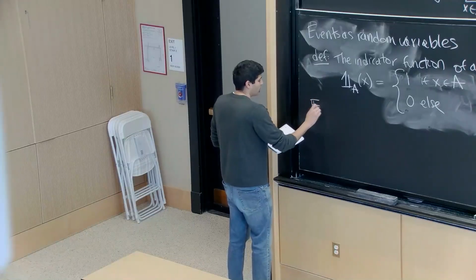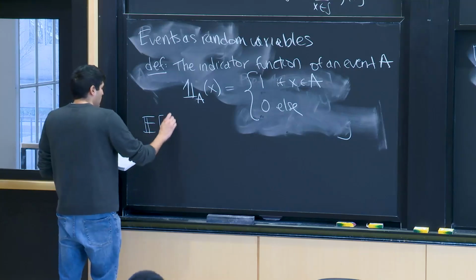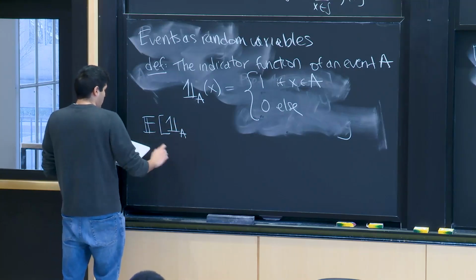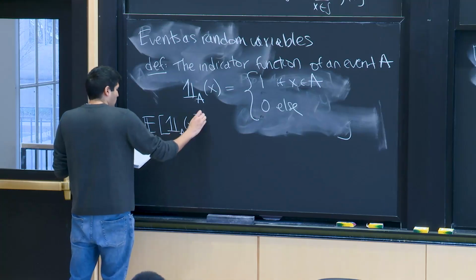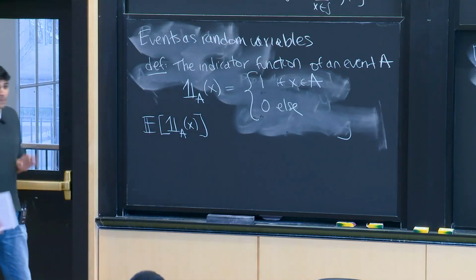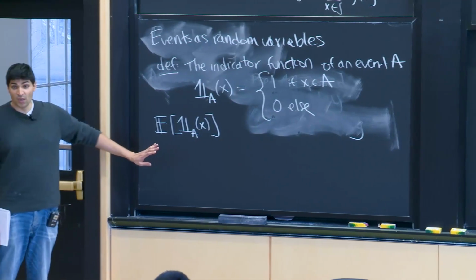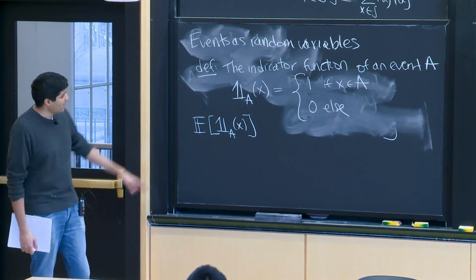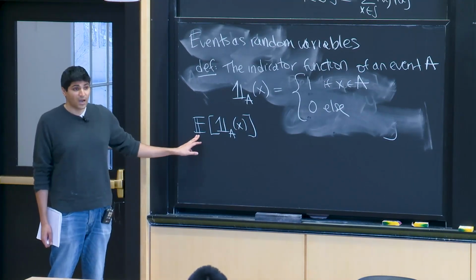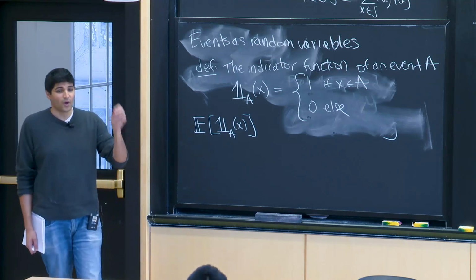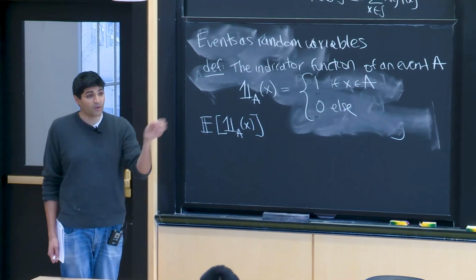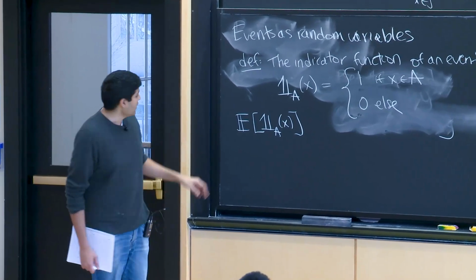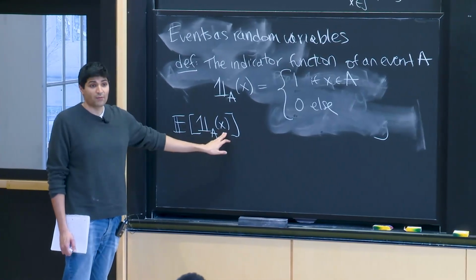I can look at, for example, the expectation of my indicator function over a random outcome. Let's be clear, because we've introduced a lot of notation already today for probability. Remember that when I write this bold E, I'm looking at that experiment where I throw my dart and I get some outcome in my space. That tells me what X I have.